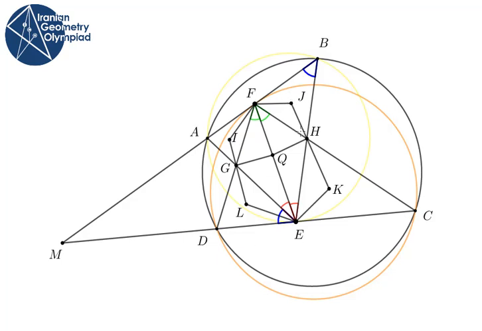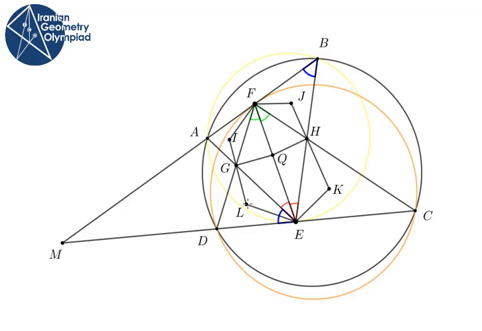Now, if JK is not parallel to EF, then these two lines meet at point P, which is harmonic conjugate of Q with respect to F and E, because we know that HP is exterior angle bisector for FHE, and HQ is angle bisector of FHE.